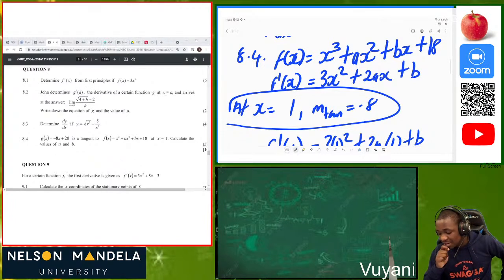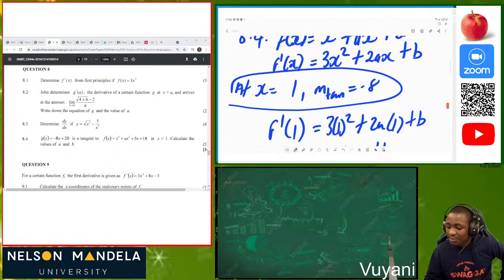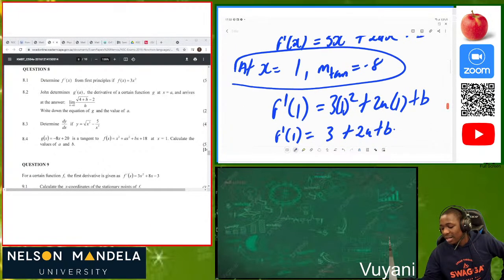We found that it's 3x squared plus 2ax plus b. Then we substituted x equal to 1, because the x coordinate of the point of intersection of the tangent and our graph is 1. Then we ended up having 3 plus 2a plus b.